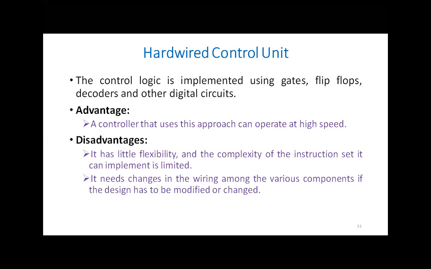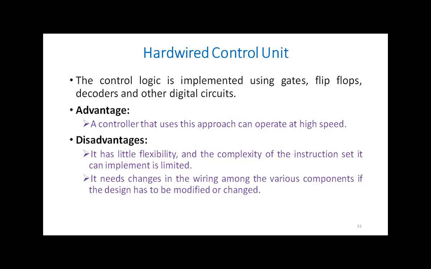But there are some disadvantages of the hardware control unit. It is not flexible because hardware components are used for generating the control signals. So there are limitations for a complex instruction set; it cannot be used there.